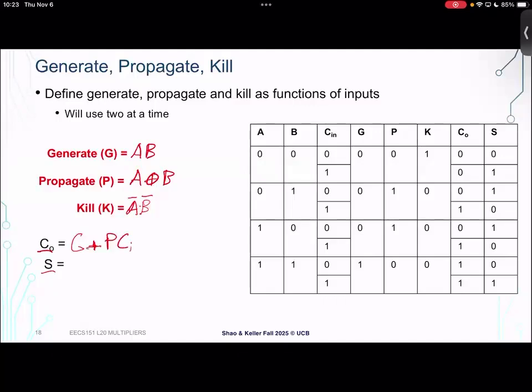We either generate a carry or we propagate the one that comes in. Sum is less important because it's not on the critical path for the most part, but we can write down the equation. Sum is propagate XOR carry in, based on the logic table.